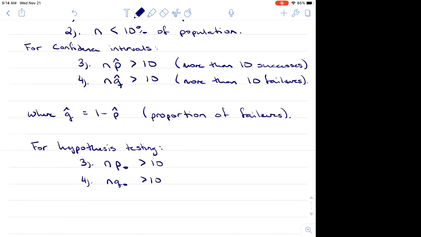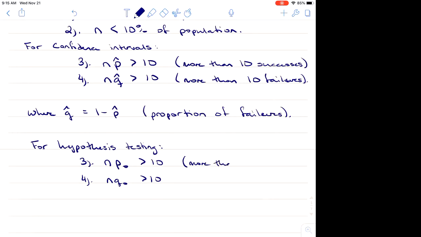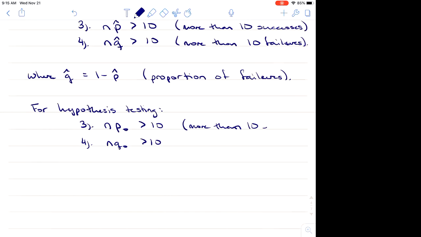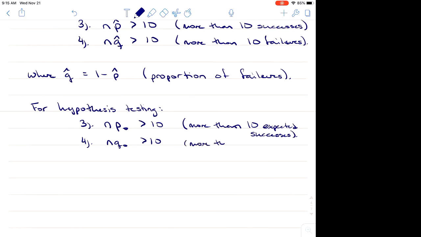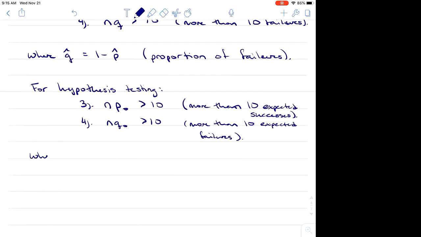So what does this mean? It means that we have more than 10 expected successes and more than 10 expected failures, where p naught comes from the null hypothesis H naught that p equals p naught.